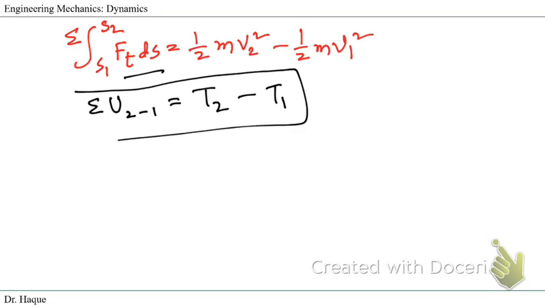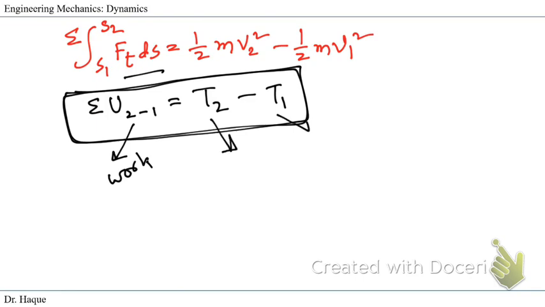So this is our principle of work and energy. This is the work, and T1 and T2 are kinetic energy. Both are kinetic energy, but for different positions.